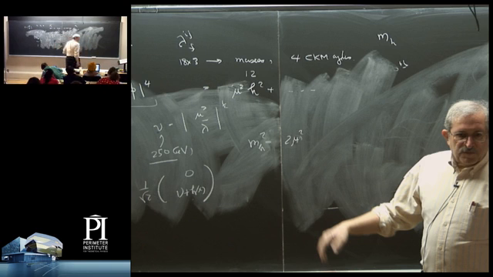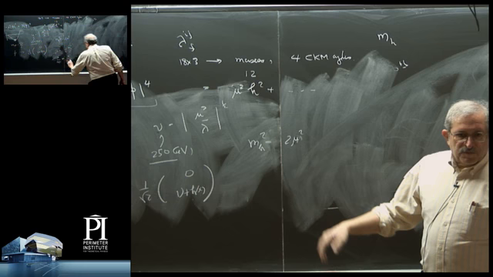Lambda is equal to 1/2 m_Higgs squared over V squared, or lambda over 4 pi, which is the analog of alpha for lambda, is m_h squared over 8 pi V squared.